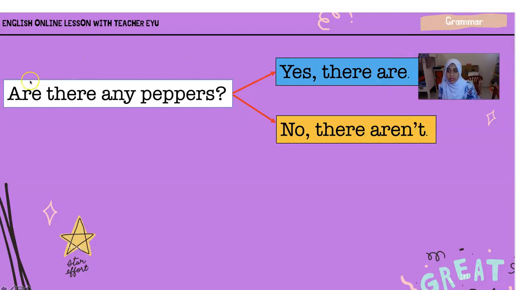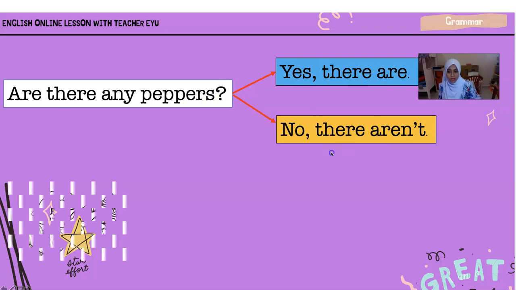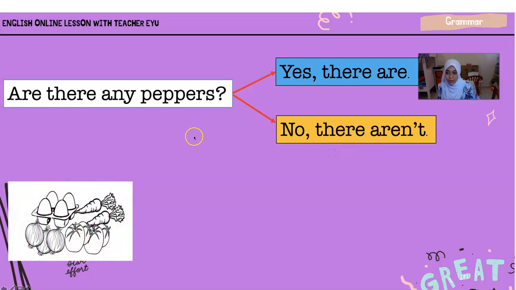Kalau soalan ni kita guna are, jawapan pun are ataupun aren't. Now let's read together. Are there any peppers? Yes, there are. No, there aren't.